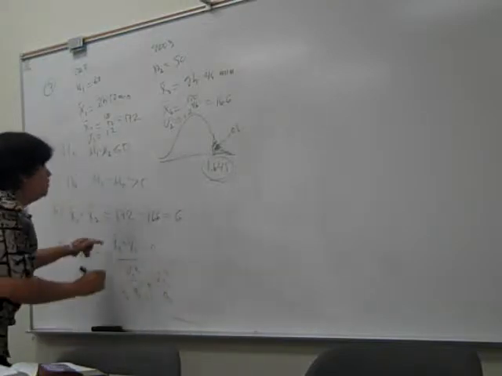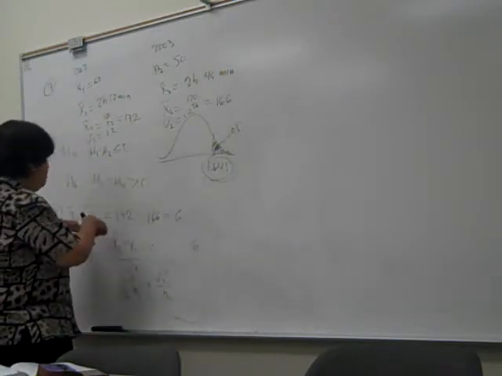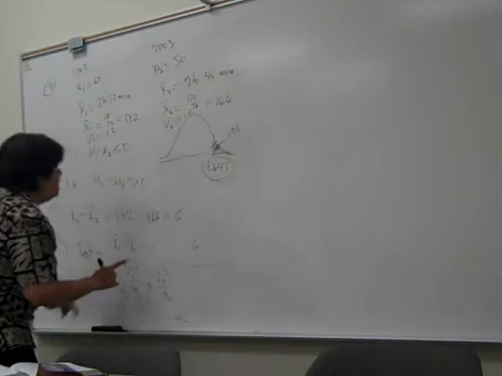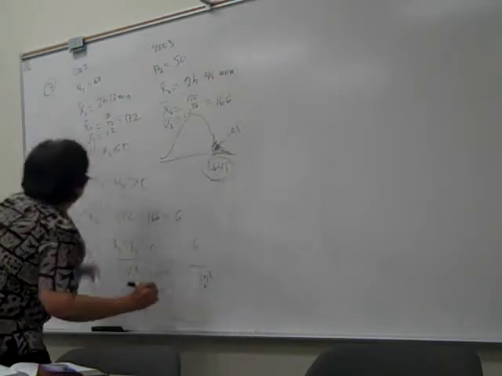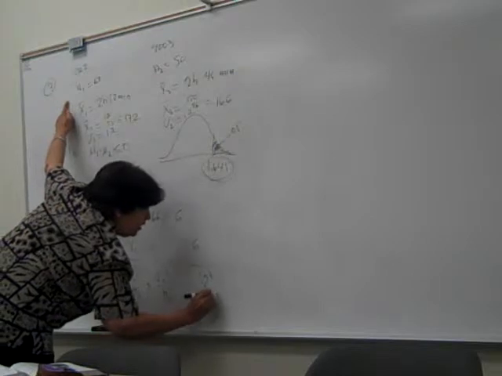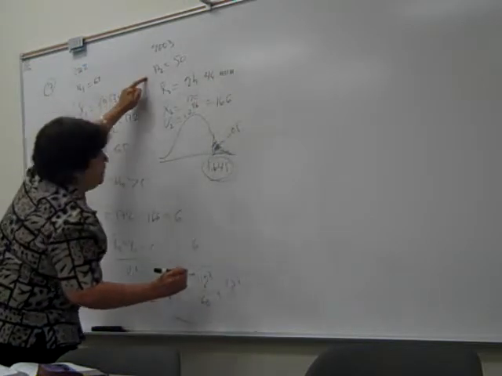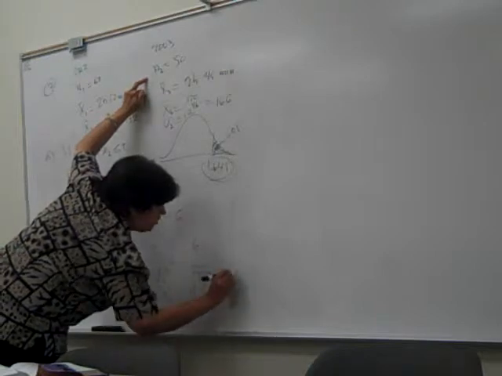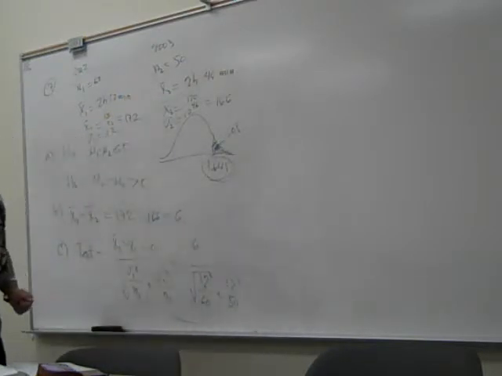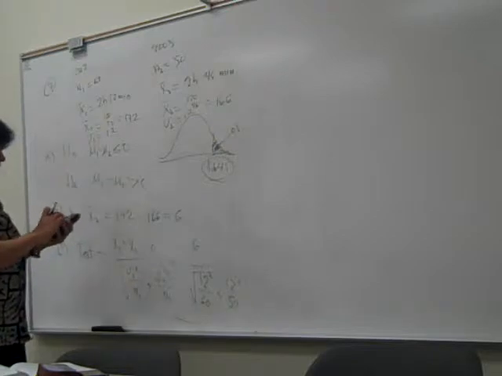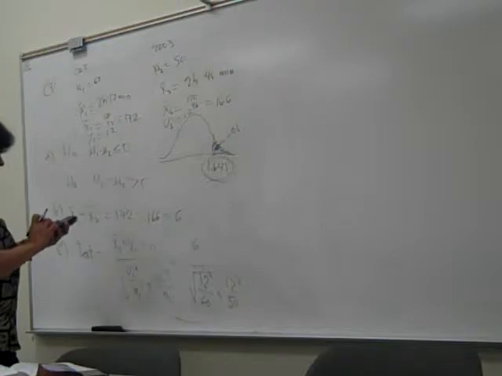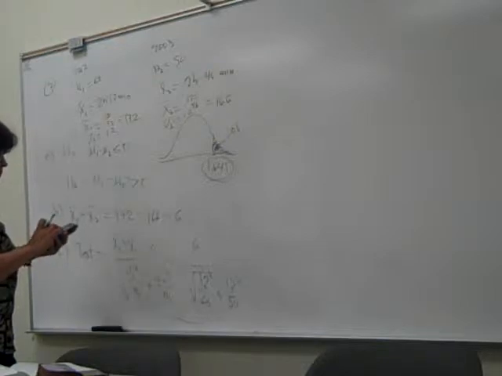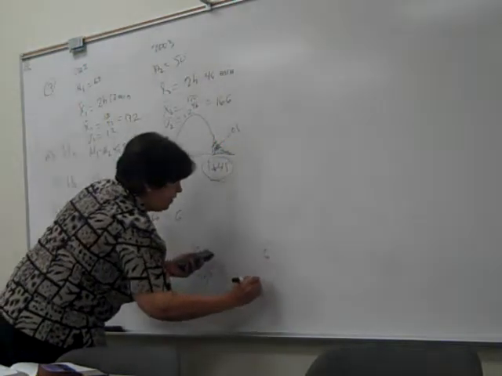That is equal to 6 divided by the square root of 12 squared divided by 60 plus 12 squared divided by 50, and this is 6 divided by 2.3.